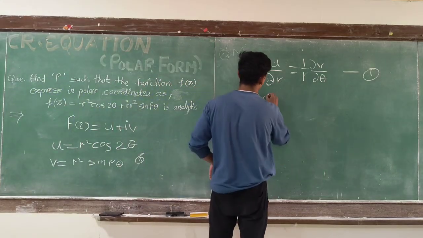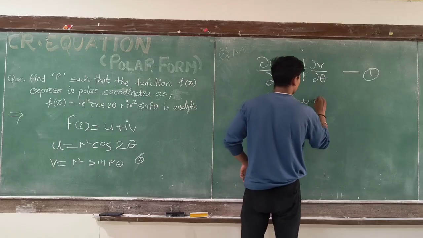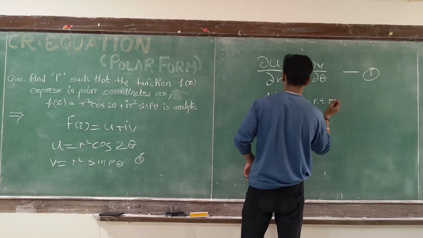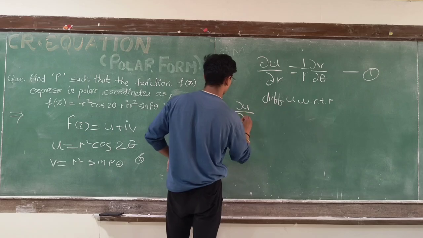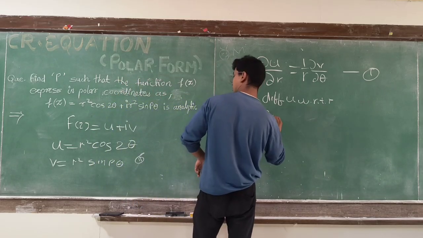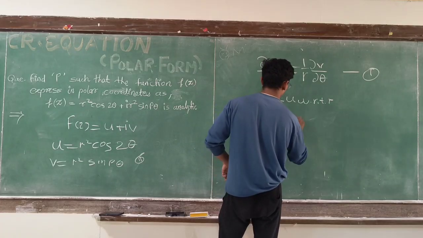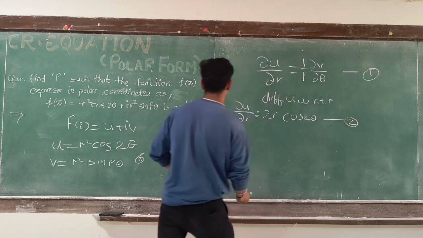So del u by del r equals 2r cos 2 theta. This is equation 2.